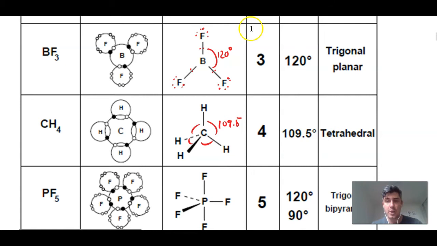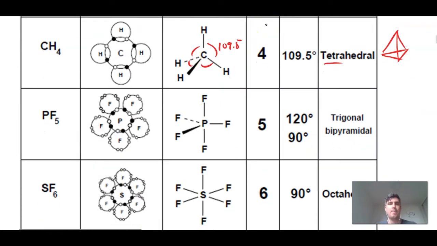This is the furthest apart that those bonding pairs can get from each other. They call this a tetrahedron because there's four faces to it. If I was to draw it as a three-dimensional shape, there are triangular faces, and there are four of them, equal triangular faces. So that's where tetra comes from.